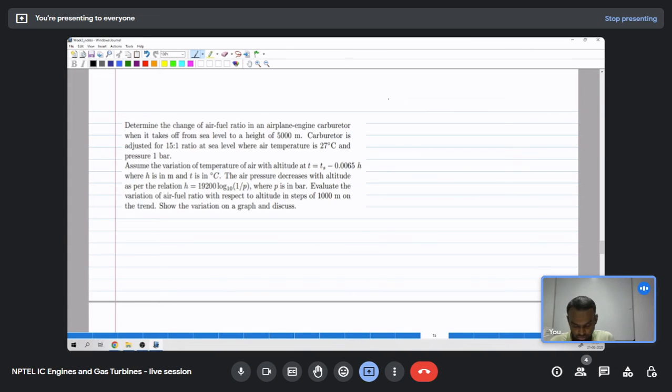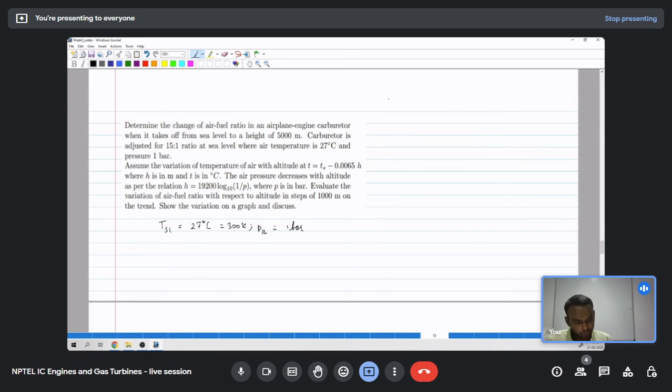So the temperature at sea level I would write as T_SL, which is 27 degrees Celsius or 300 Kelvin, and P at sea level is 1 bar.